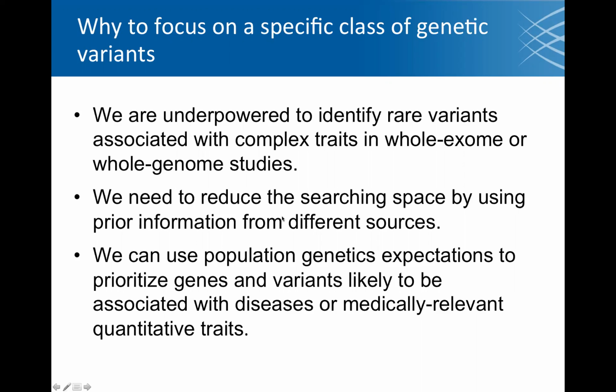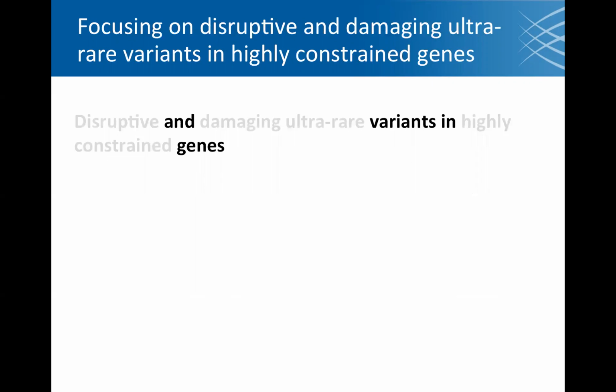And so to reduce the searching space, we want to use information from different sources. For example, we can use population genetic expectation or use genes which are previously associated with diseases or medically relevant quantitative traits. So in this talk, I will focus on a specific subset of variants and genes, which I call disruptive and damaging ultra-rare variants in highly constrained genes. I will first describe what these words mean and why we want to focus on this class of variation.